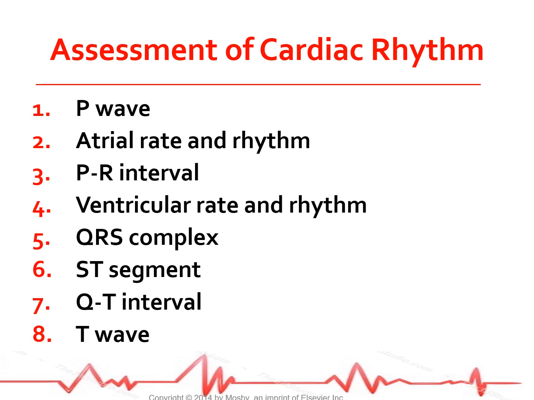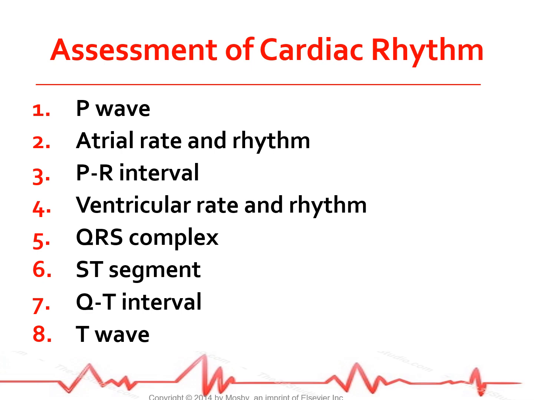So when we're looking at a rhythm strip, these are all of the things that we want to take note of. We want to look at the P wave. The P wave should always be upright. It should go up and not down, right? It shouldn't be inverted. And there should be a P wave preceding every QRS complex.